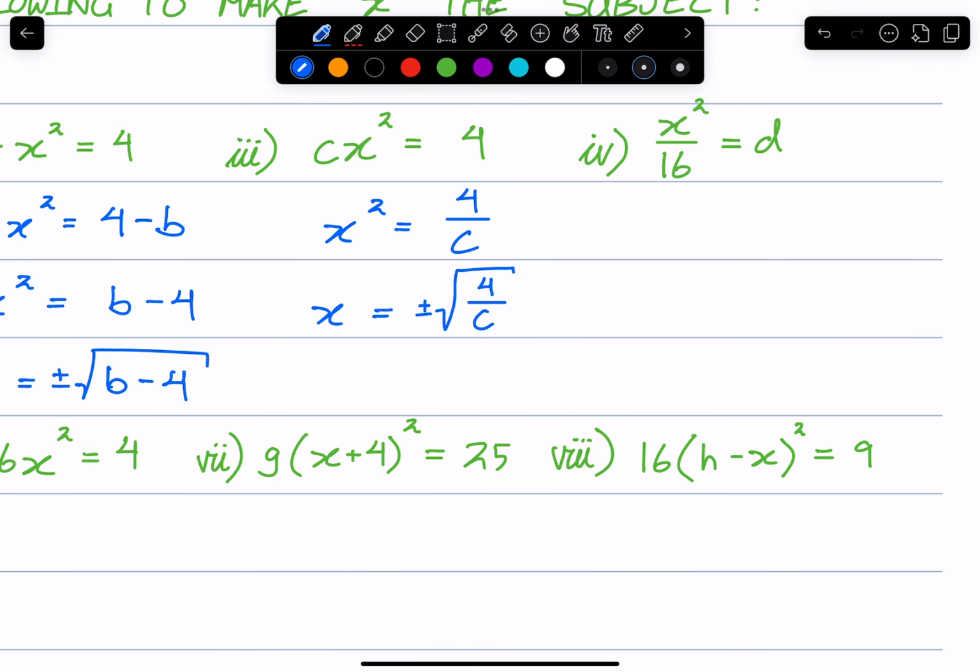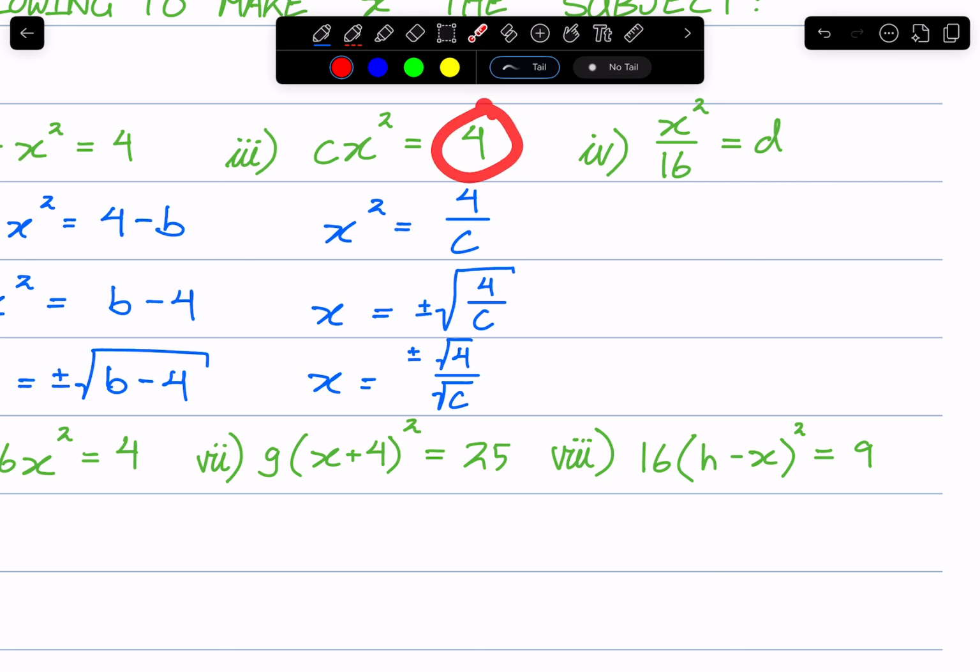It's where you have division or multiplication that the square root splits, meaning this is actually going to now be square root 4 over square root c, and that plus minus is always better to give to the numerator. Now, the interesting thing with this one, and the reason why I chose to change this to become a 4, is that square root 4 actually becomes 2.